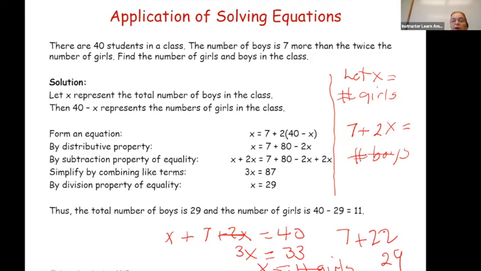Then you solve this equation by distribution, combining like terms, and you wind up now, instead of X originally being the number of girls, with X being the number of boys. And then, of course, you take 40, subtract the number of boys to get the number of girls. Now, some people will see this way as the simplest way, and they'll love that.